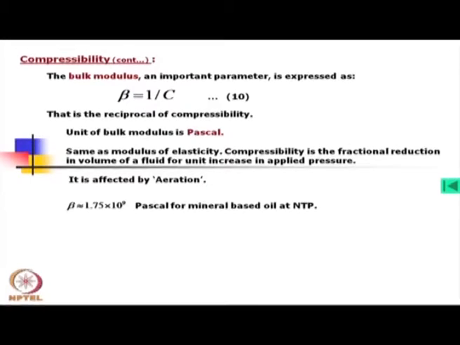This can be calculated, or usually you will find that it is provided by the manufacturers of oil. So, if you need to carry out some calculation where the bulk modulus is involved, you have to either follow that reference, or make an experiment to find out these values.